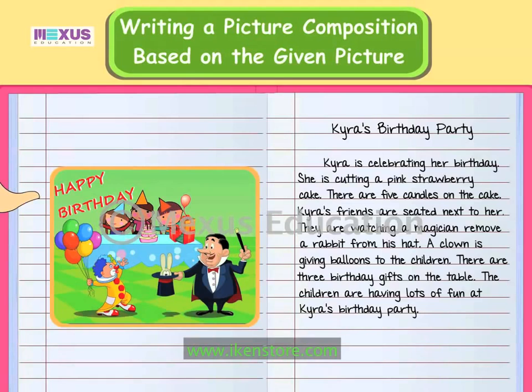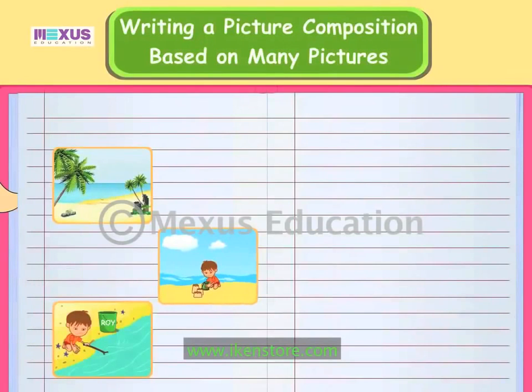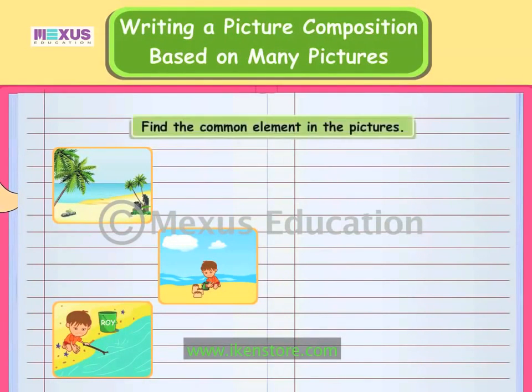Let us move on to learn how to write a story based on 2 or more pictures. There are 3 pictures given here. Zizi has to write a paragraph on these pictures. First, we need to find the common element amongst the 3 pictures.